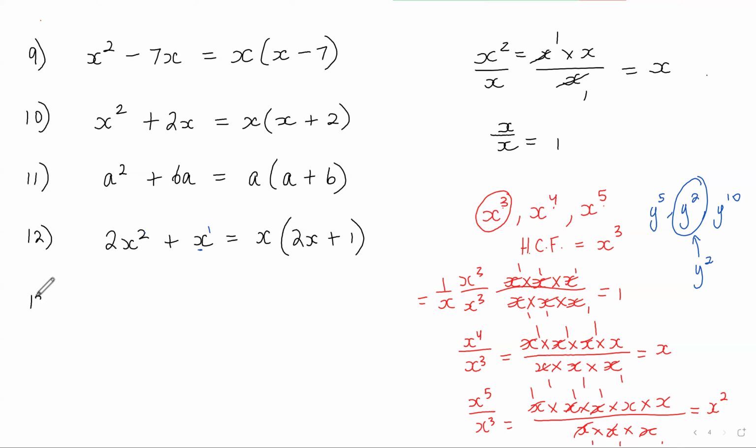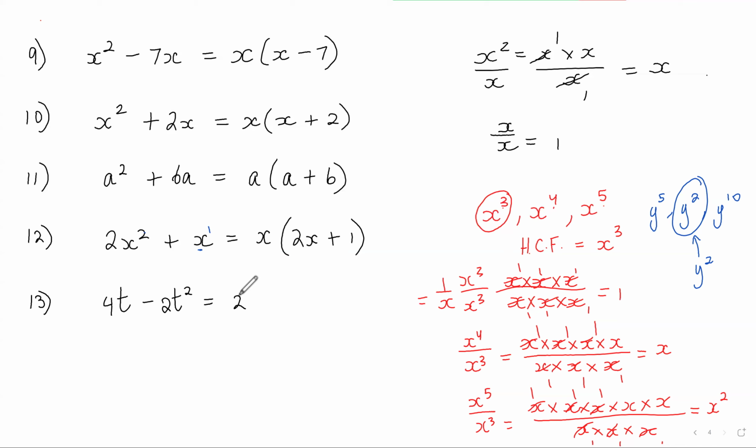So let's look at another one. Let's say I had 4t minus 2t squared. When you have variables and coefficients, you have to look at the coefficients as well as the variable. Here I'm looking for the highest common factor of 2 and 4, which is 2, since 2 can go into both 4 and 2 without leaving a remainder.